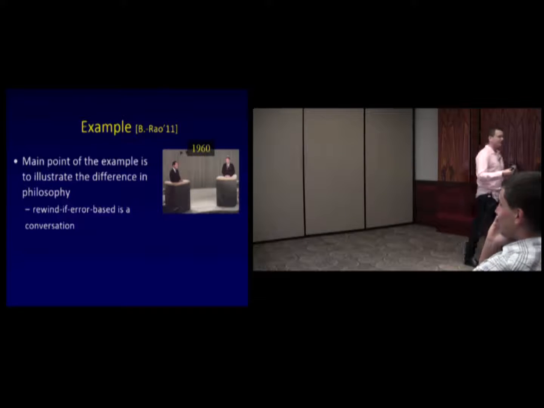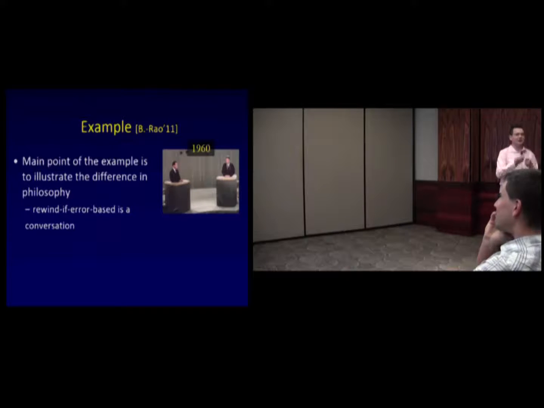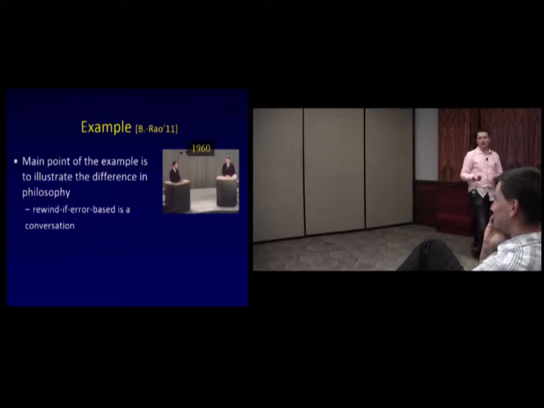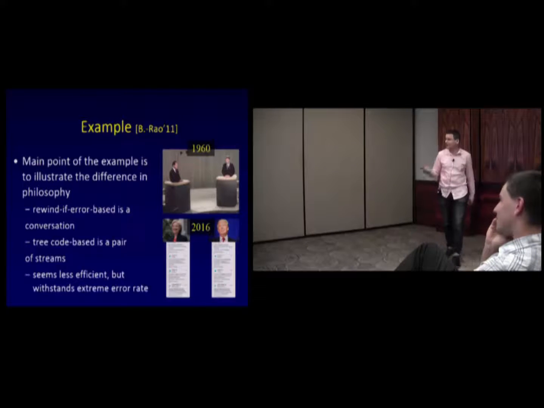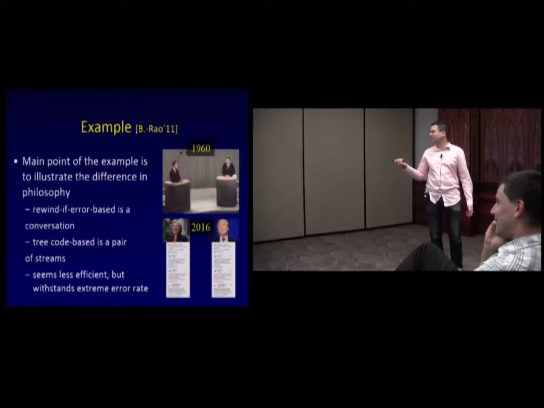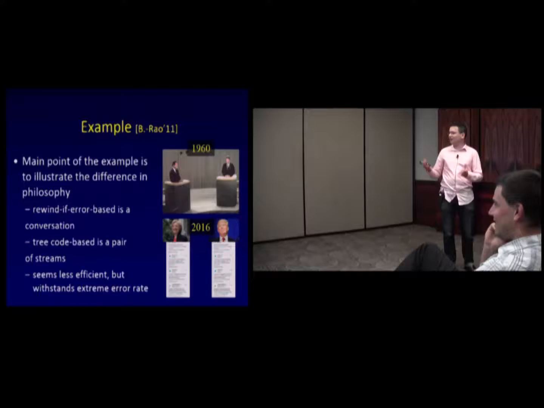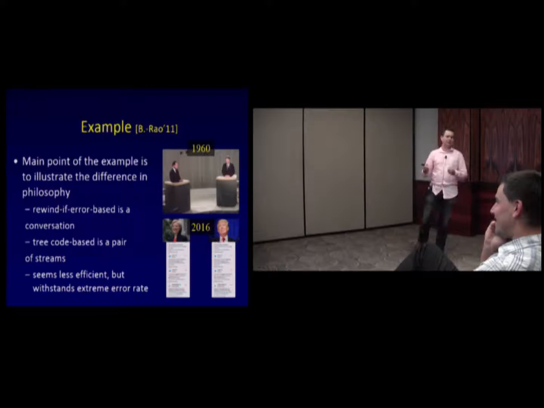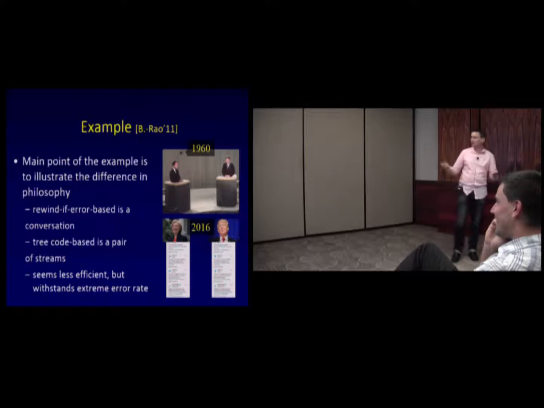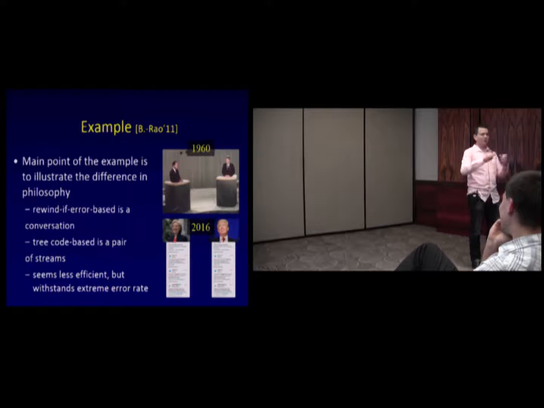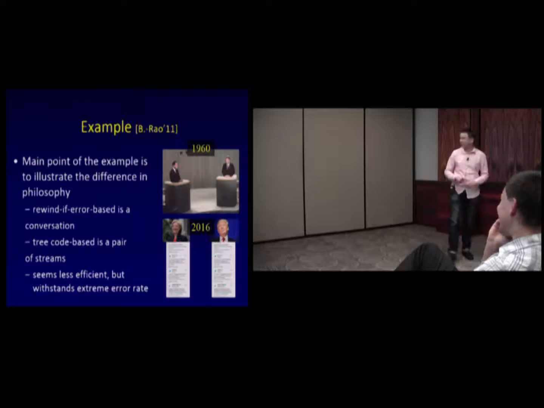Each party tries to understand where the other party stands, fix it if it's wrong, and have a synchronized state of mind. And the tree codes are based on a pair of streams where you don't try to respond to your opponent, your partner. You just say things that you think are right and hope that things work out in the end.